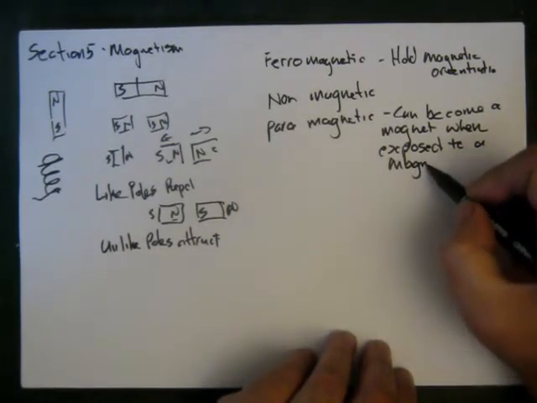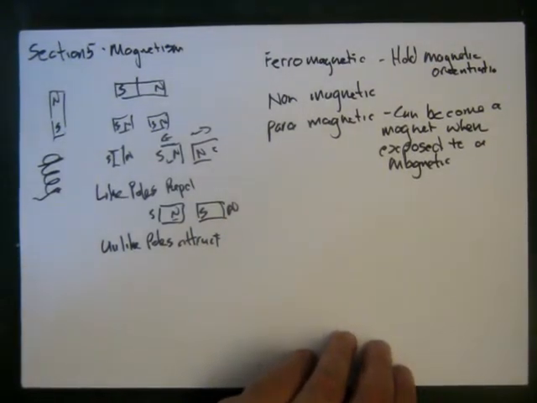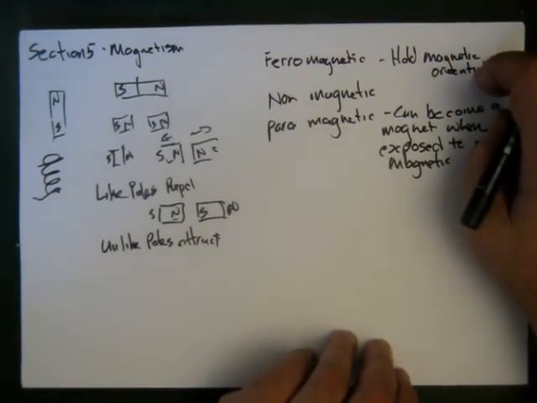The moment you turn the magnetic field off with a paramagnetic substance, the dipoles in there randomly align and it becomes non-magnetic again. Ferromagnetic ones will become magnets in their own right.